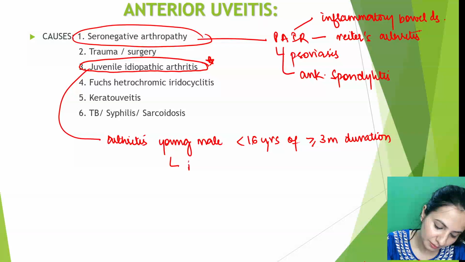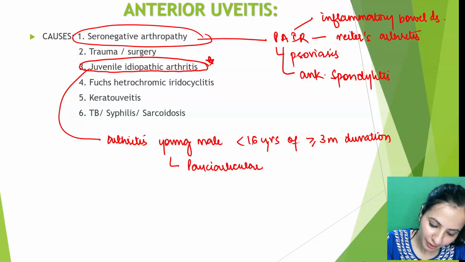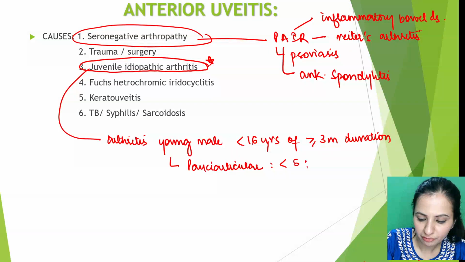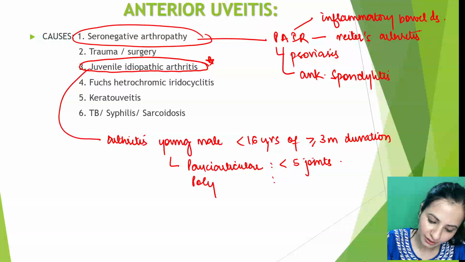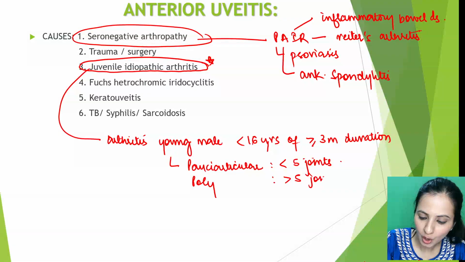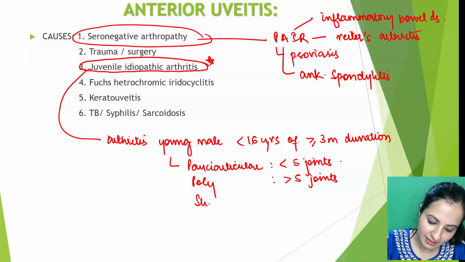It can either be pauciarticular, when less than 5 joints of the body are involved, or polyarticular, more than 5 joints, or it can be Still's disease.